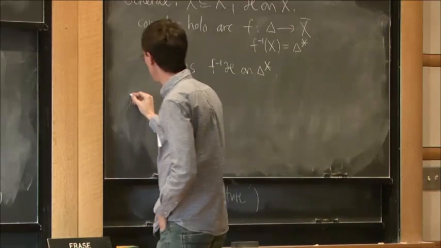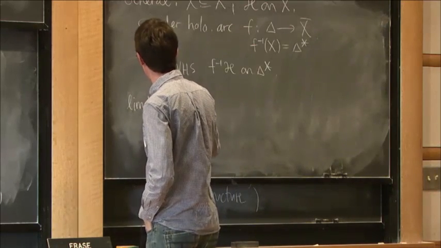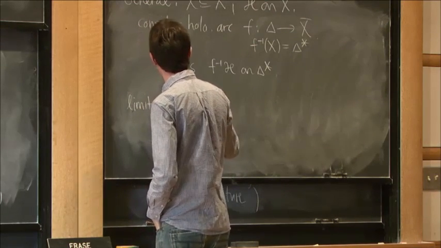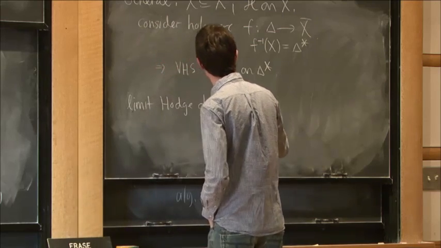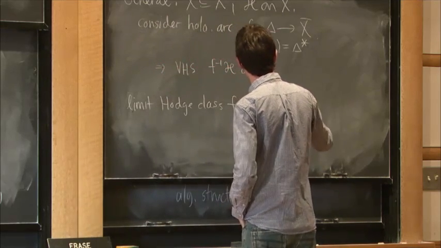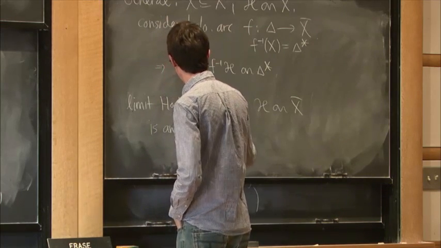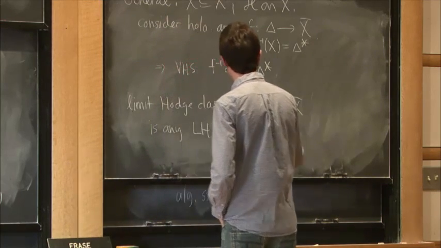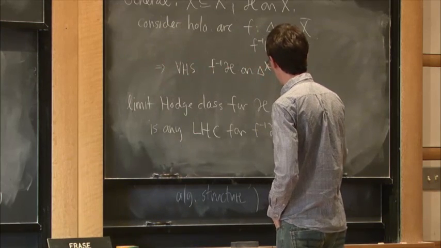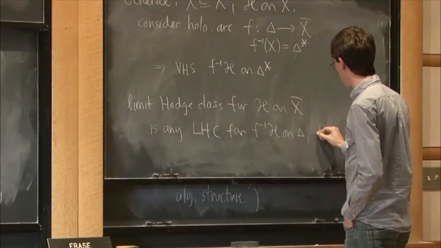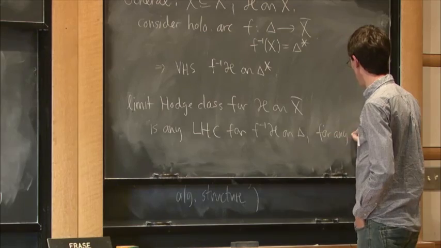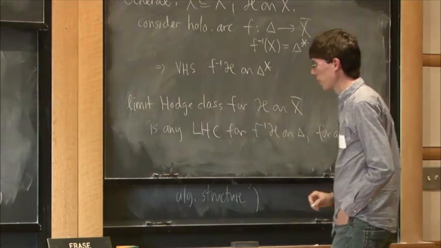Okay, so a limit Hodge class is any limit Hodge class on delta for any such F.